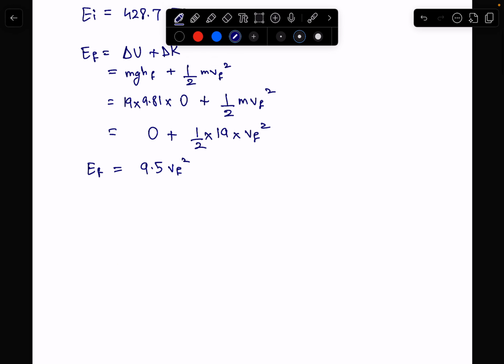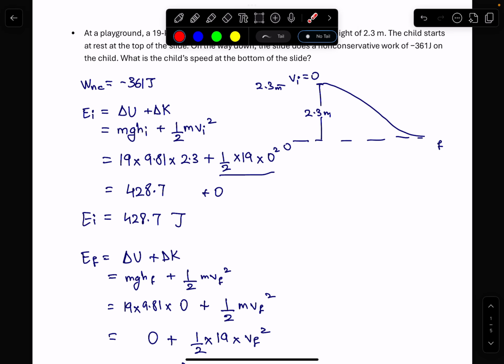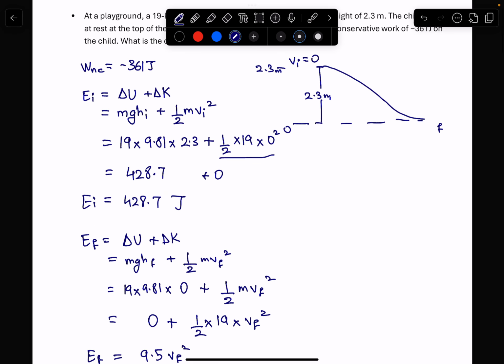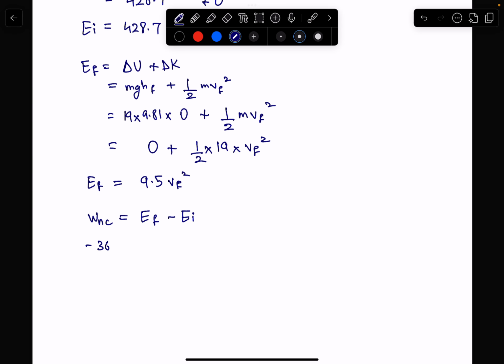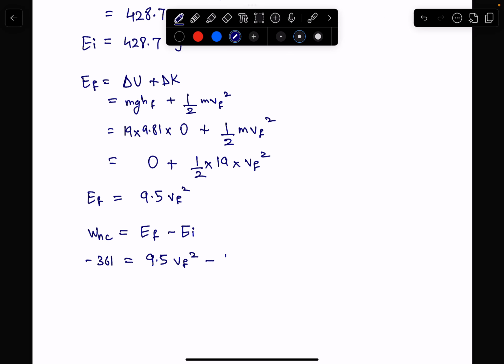So now let's look at non-conservative work. This should be equal to my final energy minus my initial energy. I know the non-conservative work is negative 361, which is equal to 9.5 vf squared, so that's my EF, minus EI, which is 428.7.